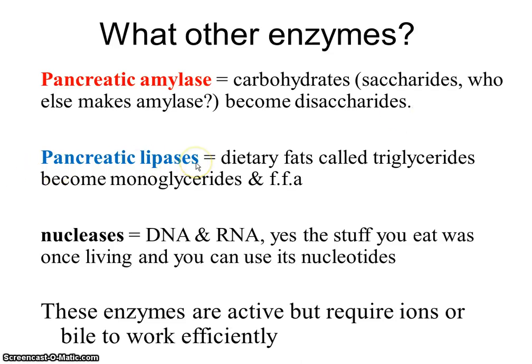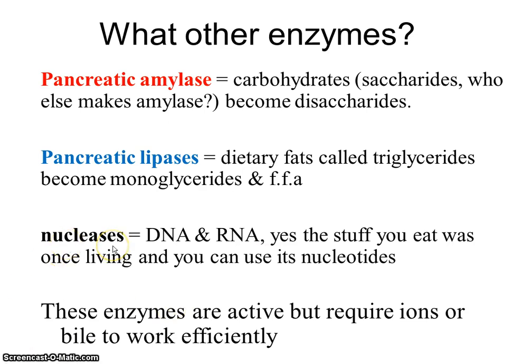Pancreatic lipase is made by the pancreas, of course, and this will take over from that lingual lipase and do the rest of the digestion of our fats, which are called triglycerides, for the three fatty acids and the glycerol. And it will make sure that these triglycerides become monoglycerides and fatty acids.